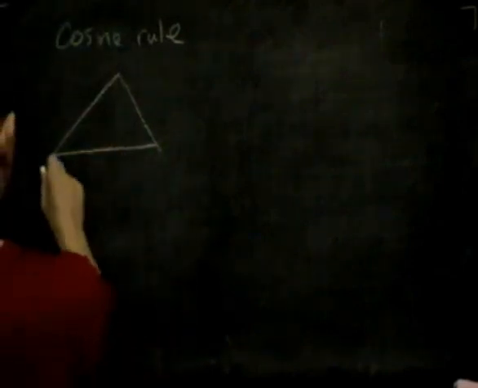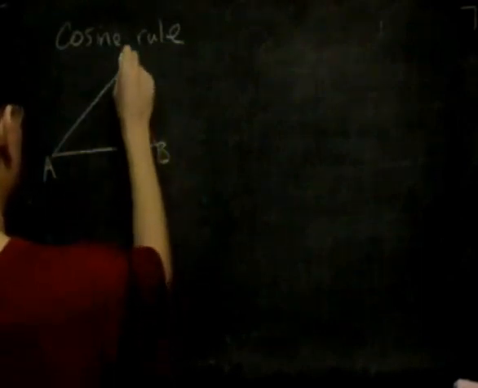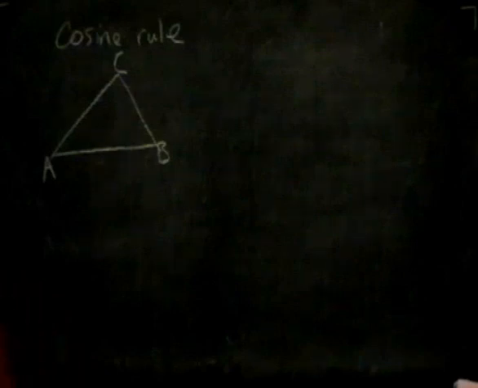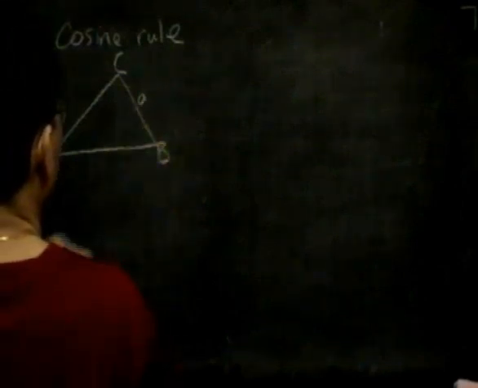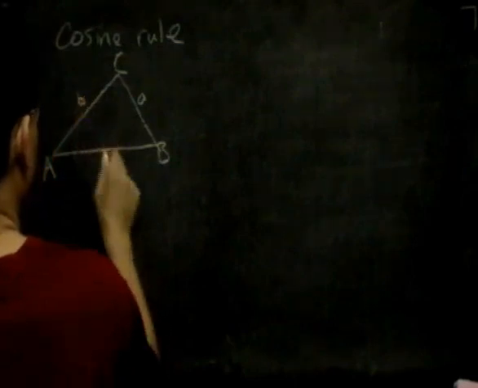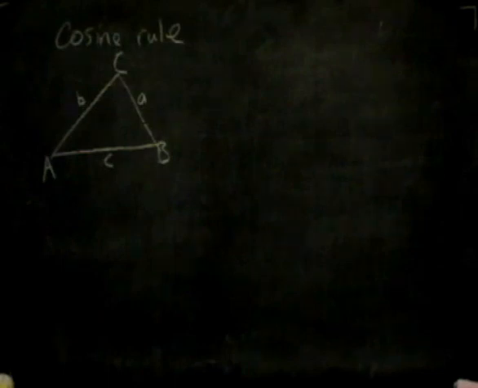We describe it by calling the corners A, B, C, capital letters, and the opposite sides a, b, c with small letters.